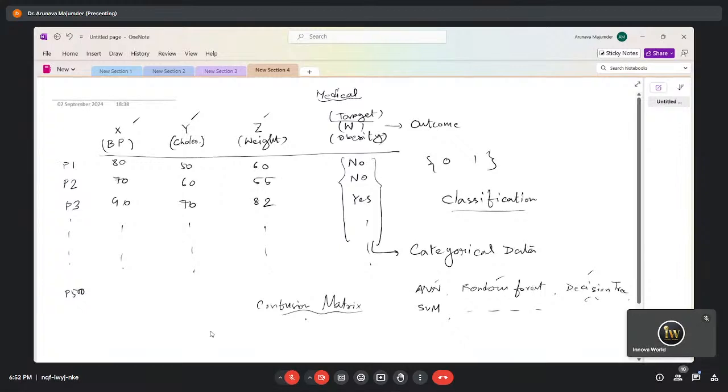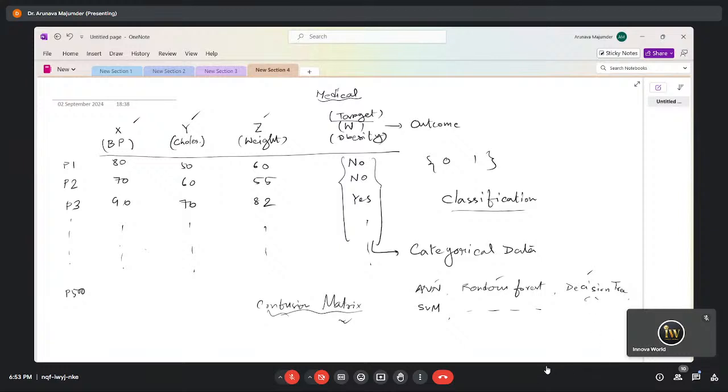You put some input in your model, and there should be a target, that is, the output variable data. Based on how much it matches the original data, the confusion matrix is created. I'm not going into the confusion matrix, but I'm just going to show you what classification is and what regression is.